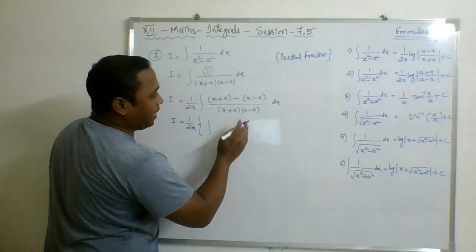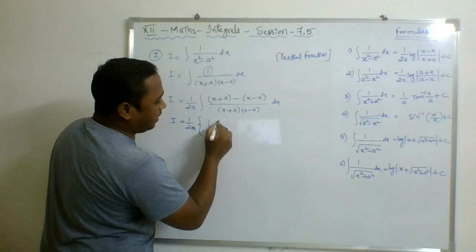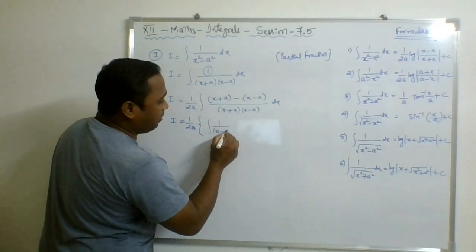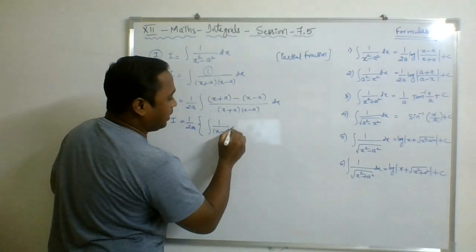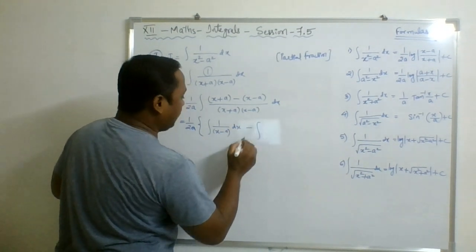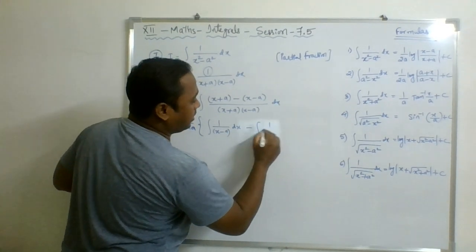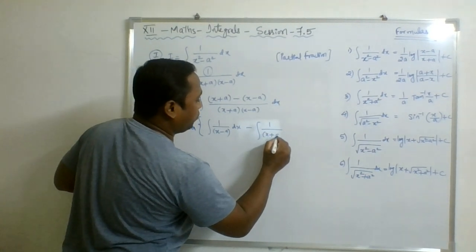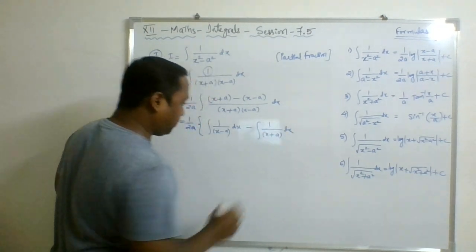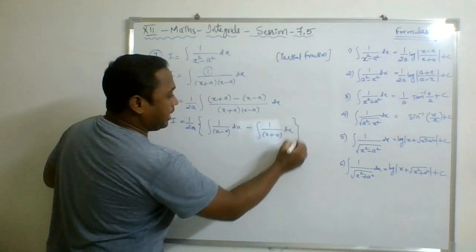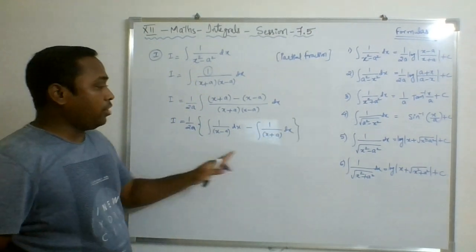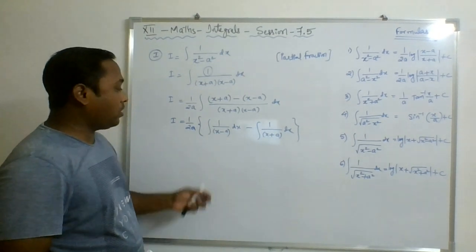If I separate the fraction, x plus a gets cancelled, I will be left with 1 by x minus a dx, minus, if I separate again, x minus a gets cancelled, I will be left with 1 by x plus a dx.